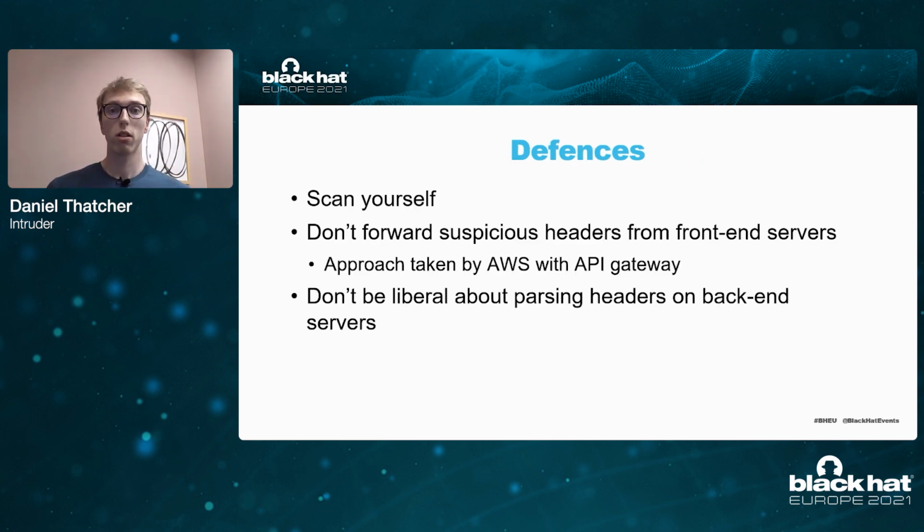So we've looked at some header smuggling, and the question is, how do we defend against this? Well, part of the defense I recommend is to use the tooling I'm going to be releasing as part of this research and scan any systems you're concerned about. Another piece of defense I consider key is on front-end servers, don't forward malformed or suspicious headers.